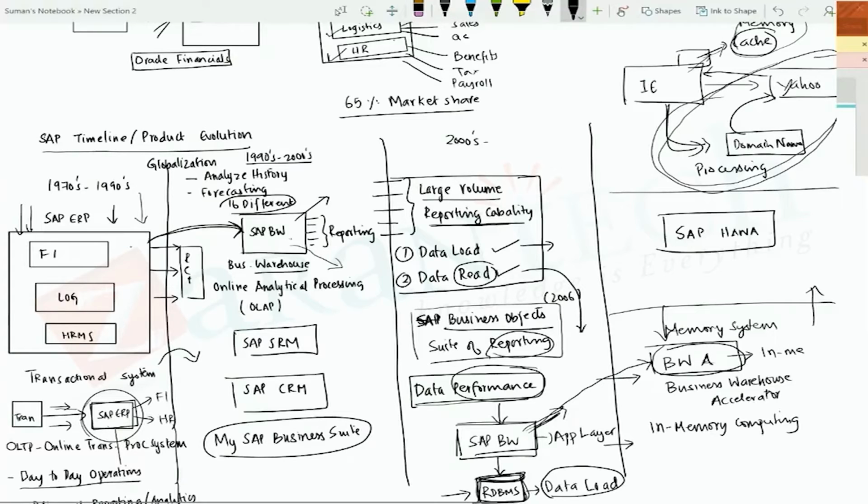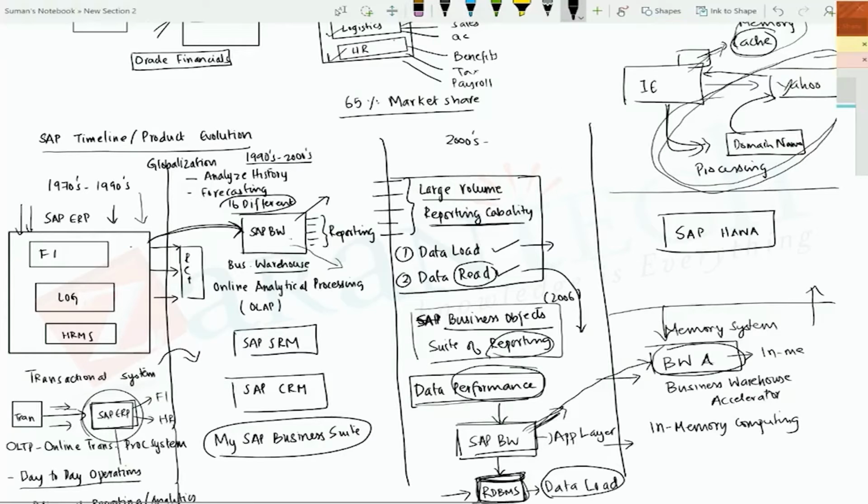What is the history behind SAP, that we have come to a place where we now have to focus on SAP HANA? That's the reason I wanted to spend these 10-15 minutes talking about SAP evolution all the way into SAP HANA.